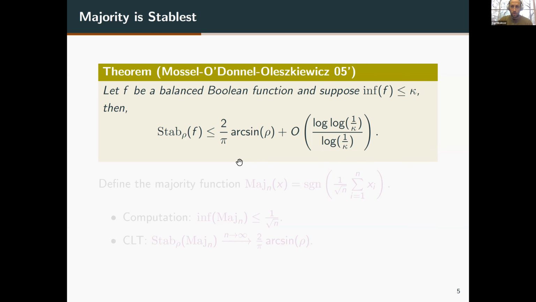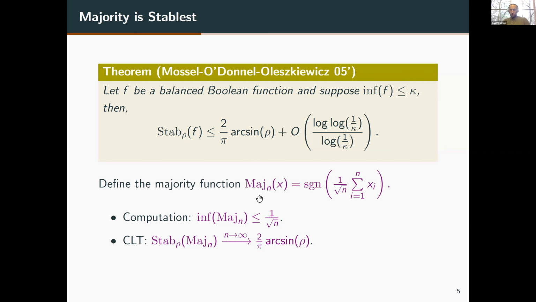And why is it called majority is stablest? Because if you define the majority Boolean function on n bits by simply aggregating all of the votes, checking which appears more, 1 or minus 1, and deciding according to that, then as you take the dimension to infinity, two things happen.